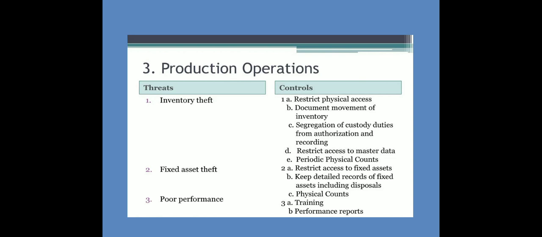Sa number 2 naman is fixed asset theft. A, restrict access to fixed assets. B, keep detailed records of fixed assets including disposals. C, physical counts. 3, performance. A, training. B, performance reports.